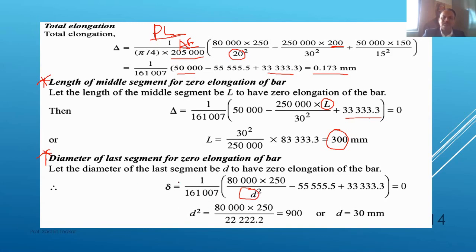So we write delta, or delta L, here they have written a different symbol, but it is delta. Delta is equal to 0 for the diameter of the last segment D, and we'll get the diameter of the last segment equal to 330 mm.